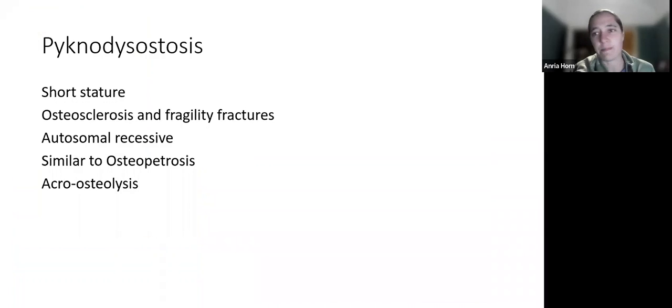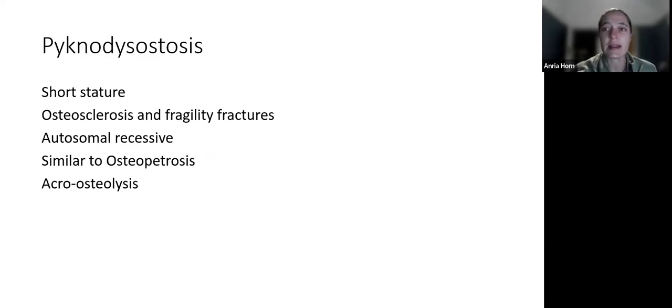So this is pycnodysplasia. I'm sorry, I completely forgot the name. It's again very rare, but it is a sclerotic bone disease, and it has the same problem as osteopetrosis. They're dwarfs though. The osteopetrosis patients aren't as short usually. They're short, but not that short. They get osteosclerosis and fragility fractures, same as the osteopetrosis patients.